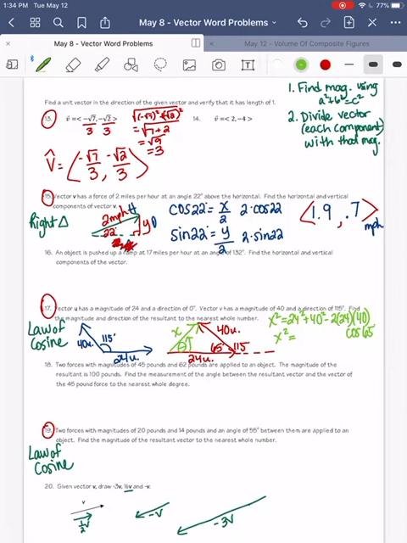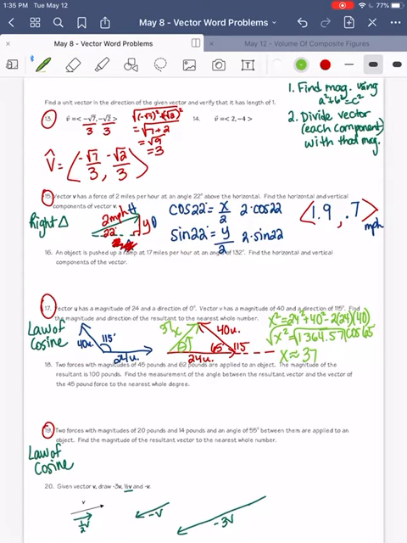All right, let's type it in. 24 squared plus 40 squared minus 2 times 24 times 40, and then cosine 65. And we get a pretty big number. And then we got to take the square root of it, if you remember. Okay? And it says round to the nearest whole number, so that's 37 units.